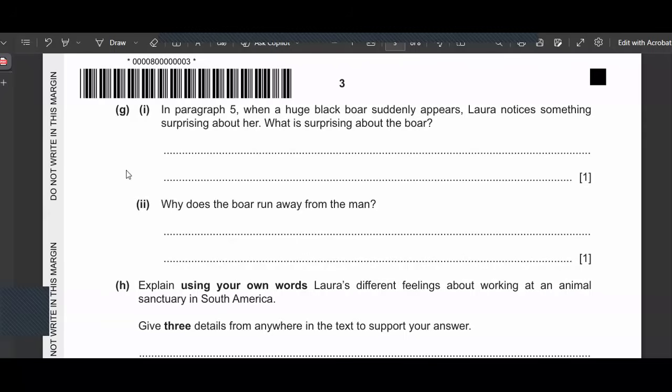In paragraph number 5, when a huge black boar suddenly appears, Laura notices something surprising about her. What is surprising about the boar? And the second part, why does the boar run away from the man? So both of these details we are going to find from the text.